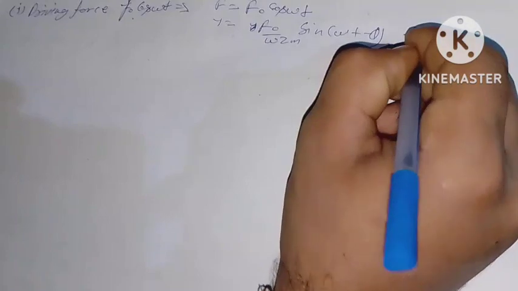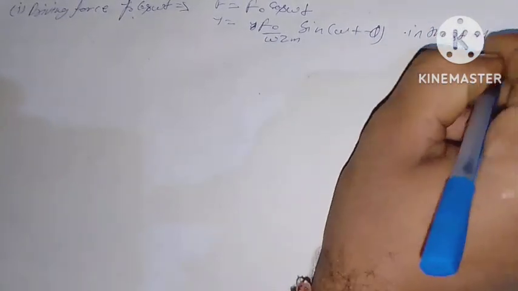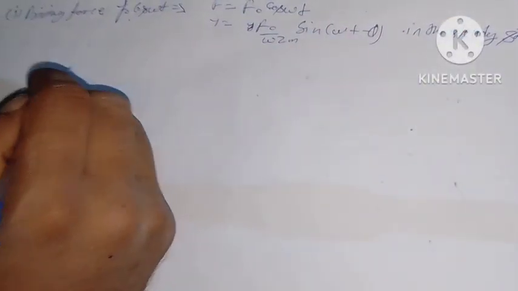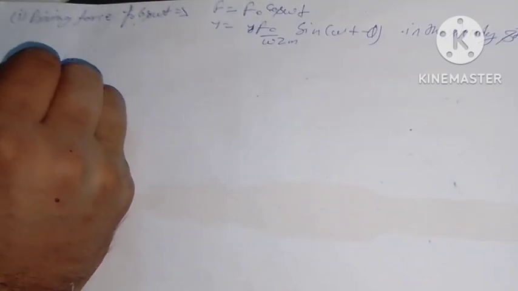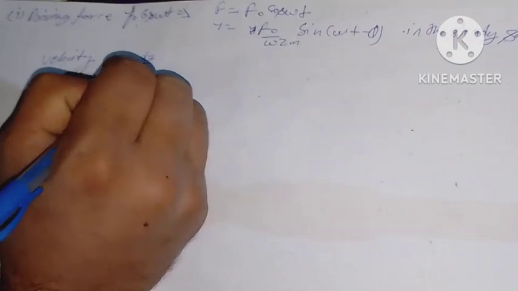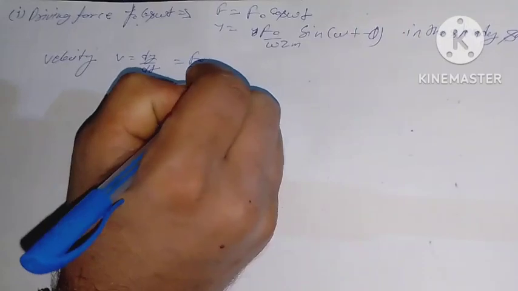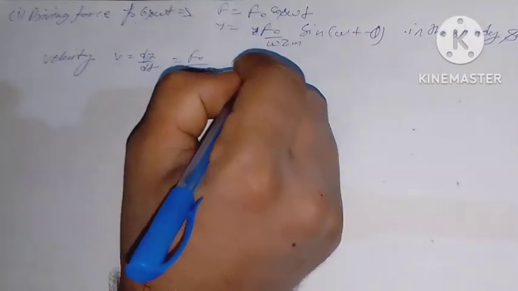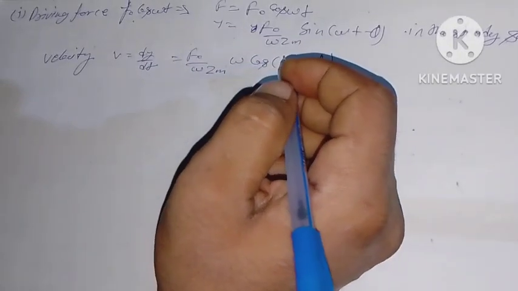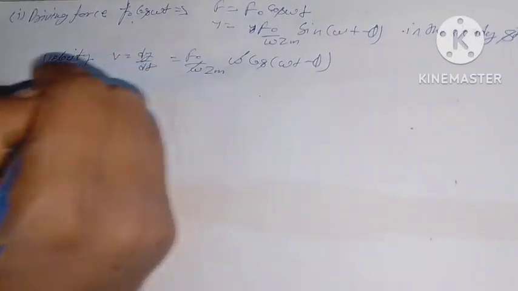Then velocity v equal to dy by dt, that is f naught upon omega Zm and omega cos omega t minus phi. Then omega is cancelled out by omega.